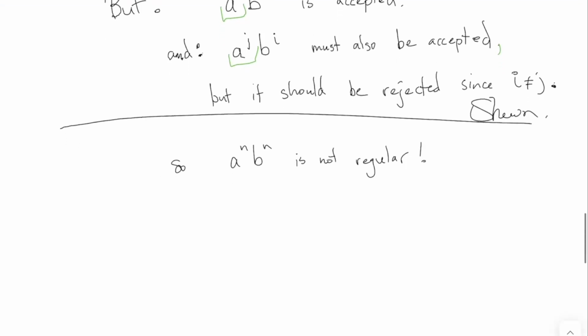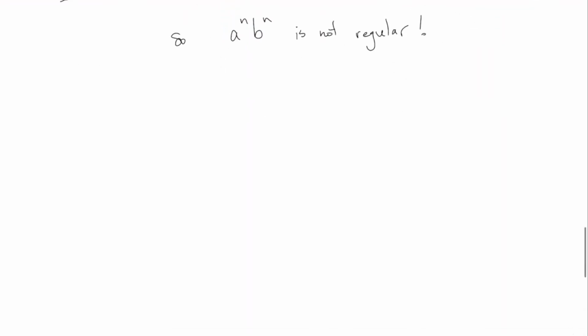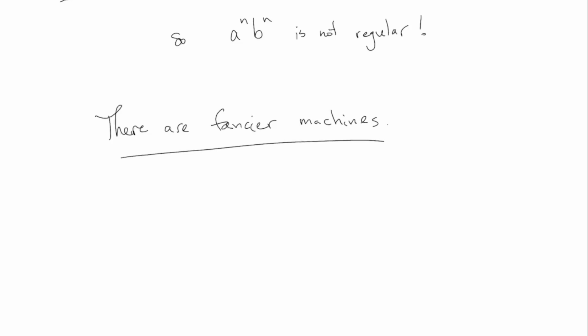But I want to delay that a little bit because I want to talk about another type of machine. So this is not regular, meaning you can't make a machine that accepts this language. But of course, there are fancier machines which can accept a language like that. And we're going to talk about several of them over the course of the semester.